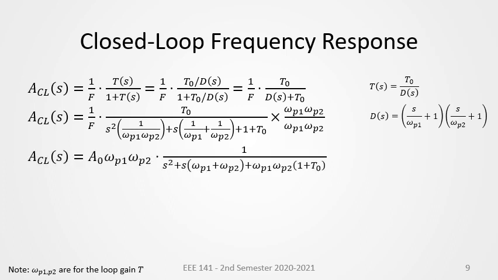Distributing omega p1 times omega p2, the numerator becomes A naught omega p1 omega p2, since T naught over f is simply A naught, while the denominator becomes s squared plus s times omega p1 plus omega p2, plus 1 plus T naught times omega p1 omega p2.